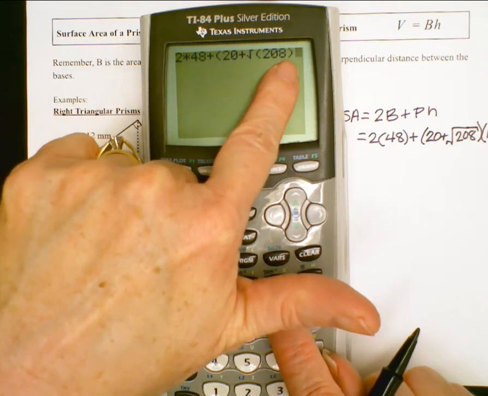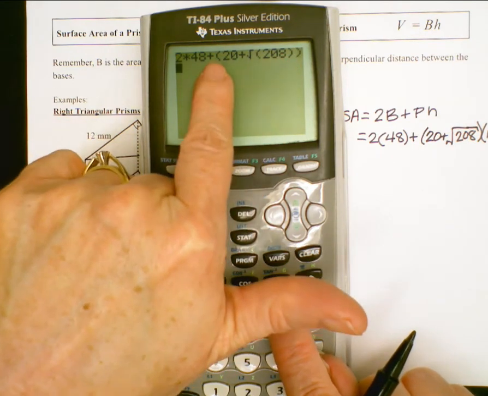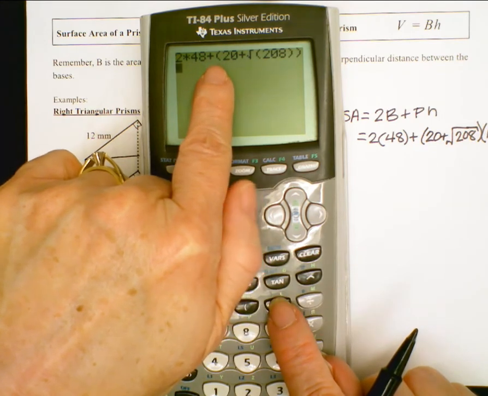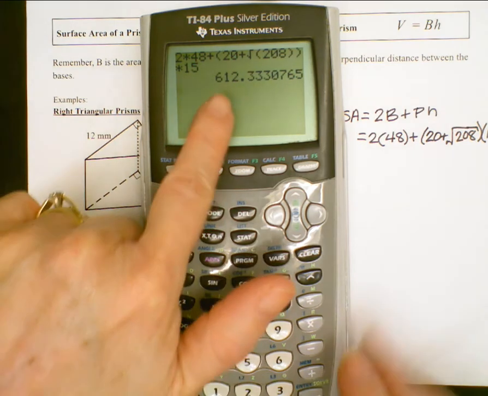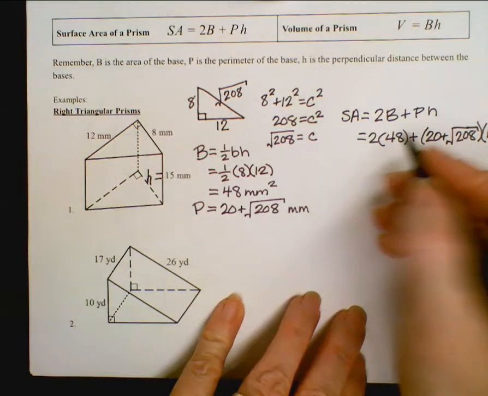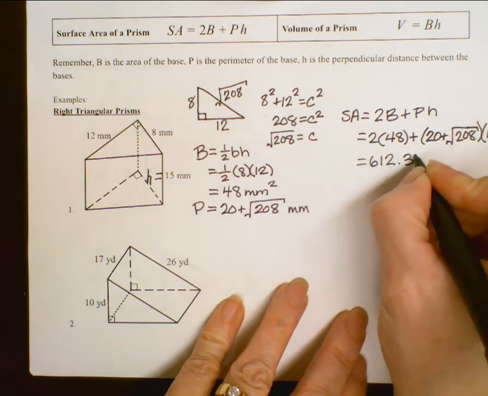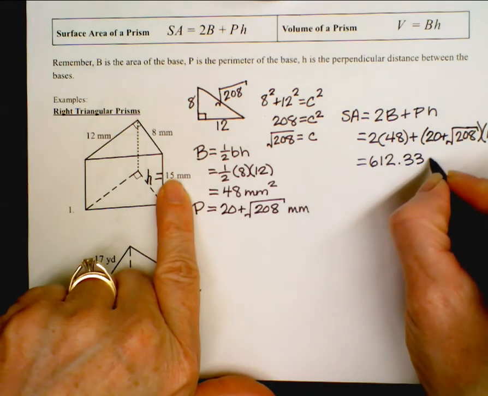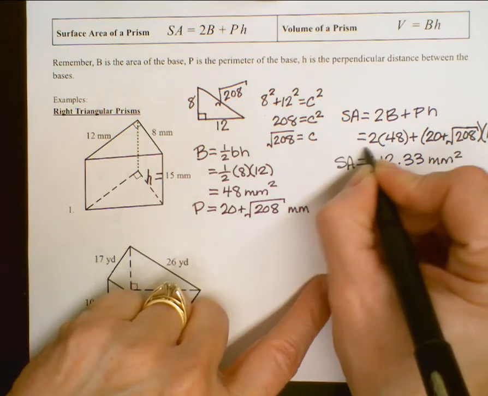And I'm going to close my parentheses twice, once because it opened here for the square root, and once for that quantity that I opened up initially, times 15. And we find that we get 612.33. In this case, this is an area, so our unit is squared. And that becomes our surface area.